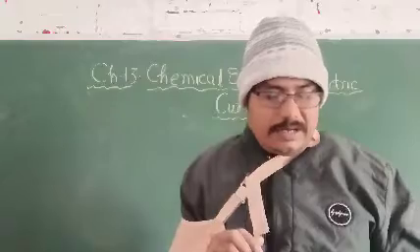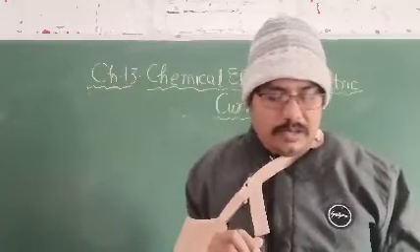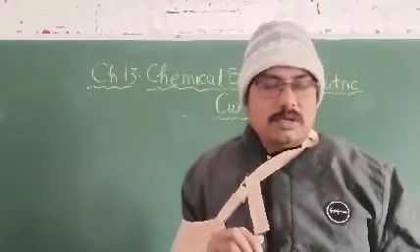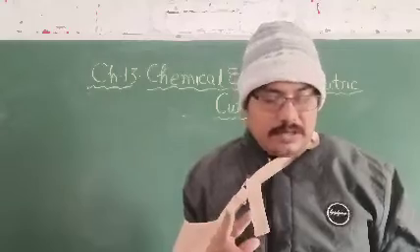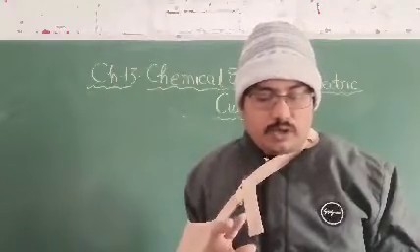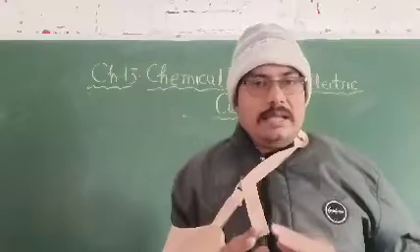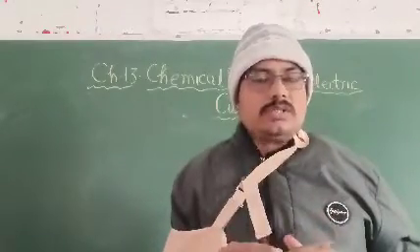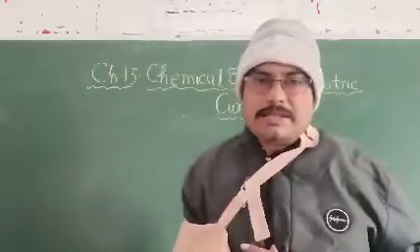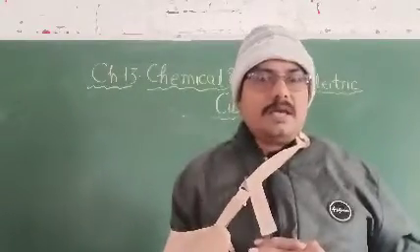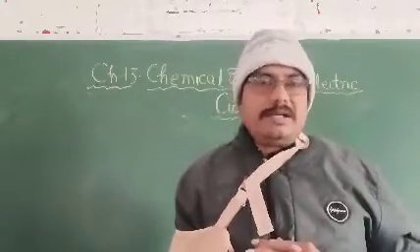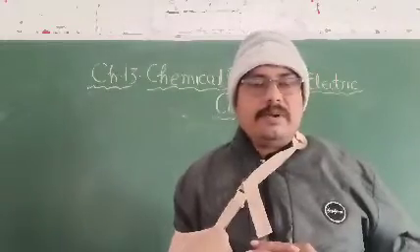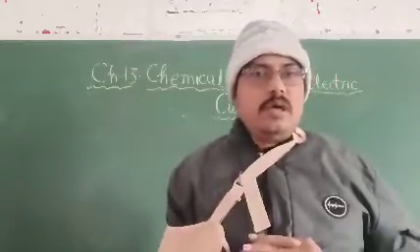So the process in which the liquid is decomposed into ions when an electric current is passed is called electrolysis. Means when electric current is passed in the electrolyte, that electrolyte breaks, and the breaking of the electrolyte is called electrolysis.